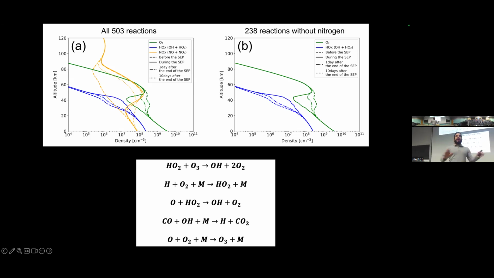Now the pathway that they signal in their paper: we have this equation here, where HO2 destroys ozone and converts it to oxygen and OH. However, they say this is not the equation that destroys ozone. What they think is that this equation here has a higher rate of production of oxygen, and then that oxygen and the OH mix with carbon monoxide and create CO2 and atomic hydrogen.